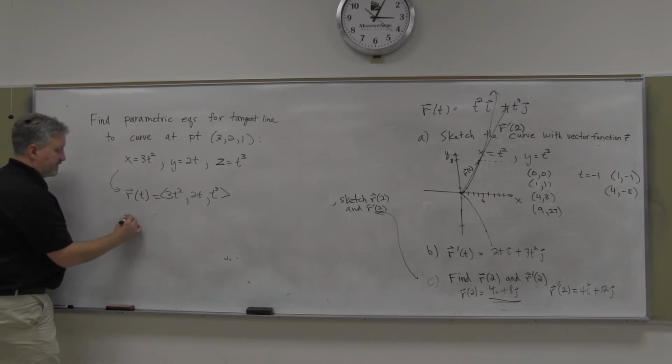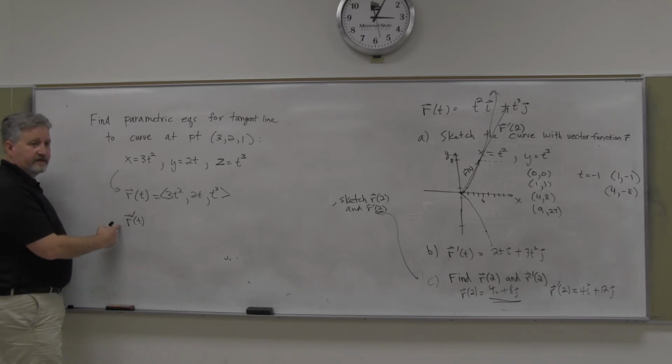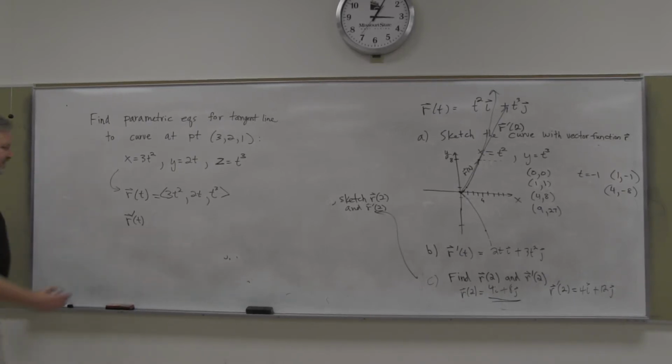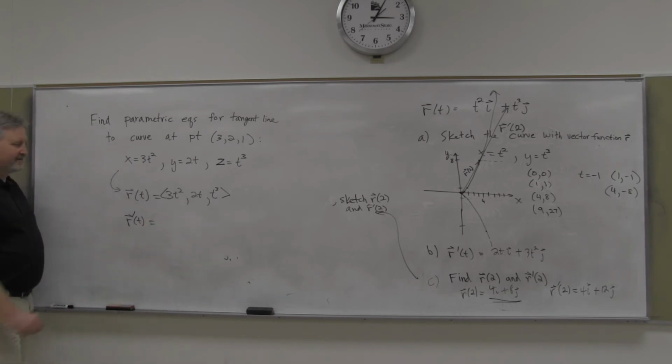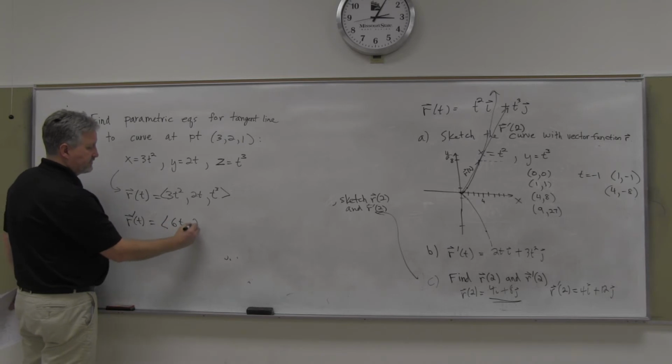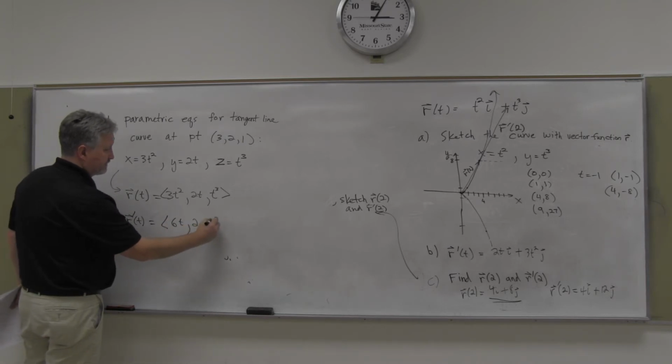So r prime of t at a specific t value will give me my tangent vector, is the best way to put it. And that's easy enough: that's 6t, 2, 3t squared, right?